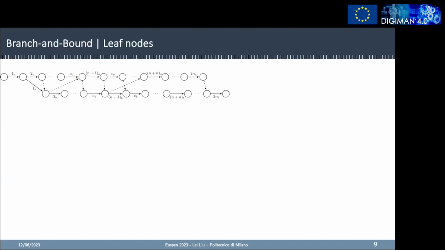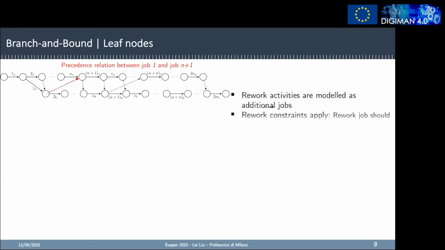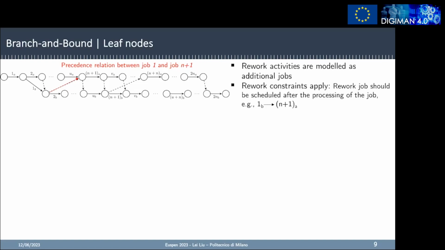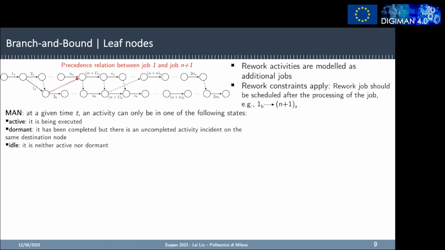Okay, then I'll give some details about the branch and bound algorithm. For the leaf node evaluation, for the network, we use the activity on arc network, and the rework activities are modeled as additional jobs. The rework job for sure should be scheduled after the processing of the general job. And from the theory of Markov activity networks, at a given time, an activity can only be in one of these states: active, dormant, or idle.